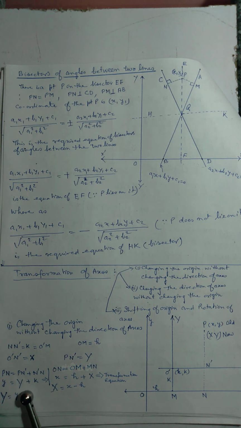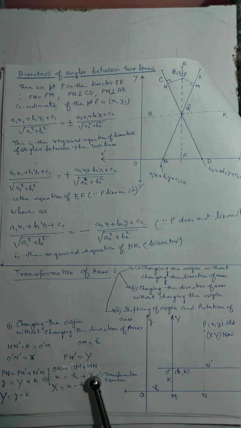If you have to find capital Y, you just transpose k to this side, so you will get small y minus k. If you want to find capital X, you just transpose h to this side, then you will get x minus h.